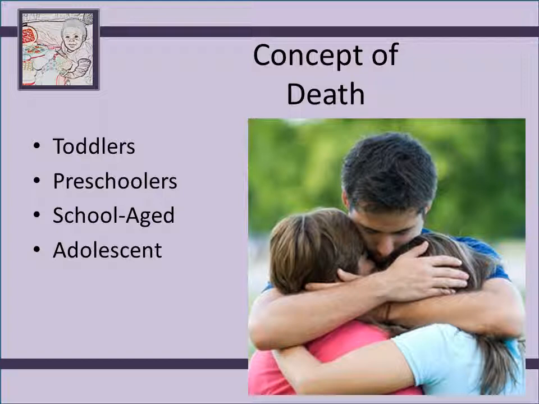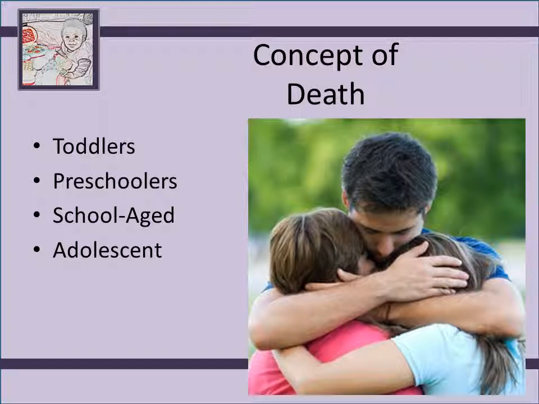So how do children react to death? Toddlers really don't have an understanding. They continue to act as if that person is still alive. They might have separation anxiety and fear of being away from the person who dies. Preschoolers, they don't feel that death is permanent. It doesn't apply to them.